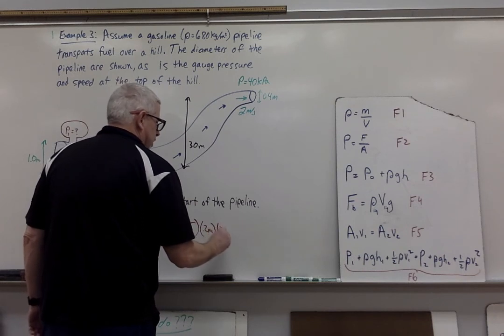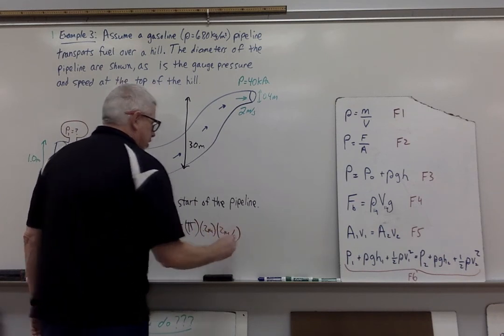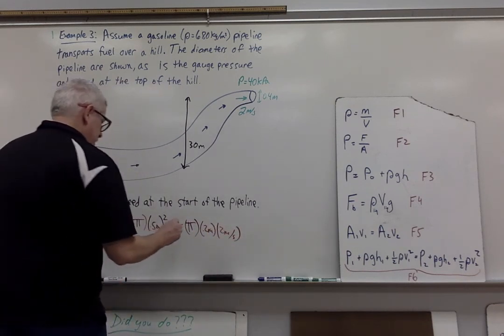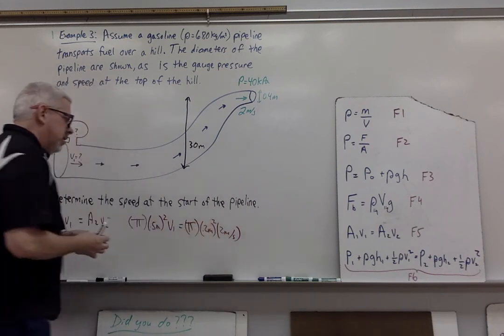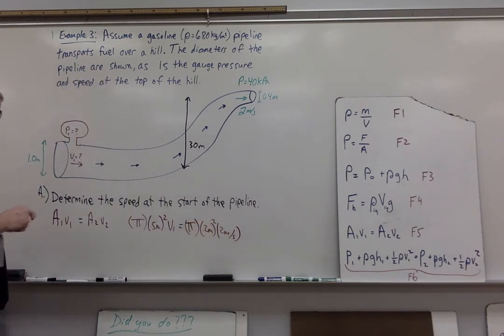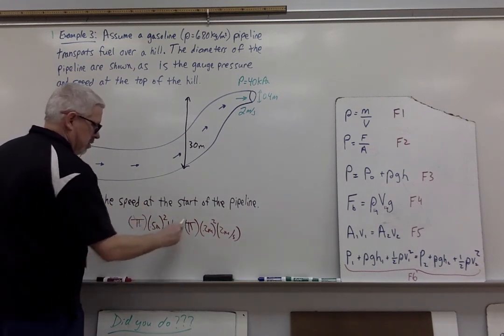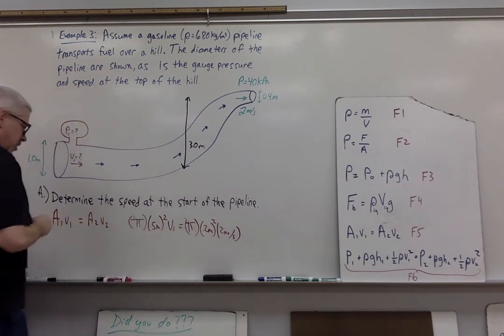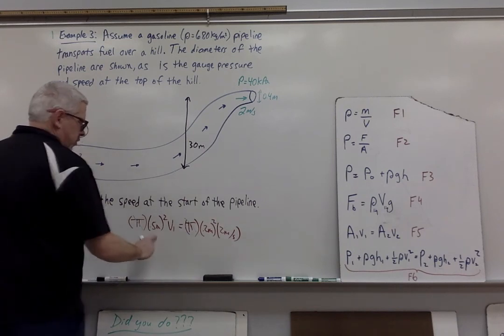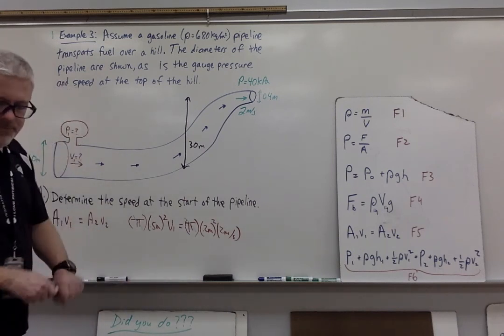It's 2 meters per second. Well, you notice, it's got to be squared. You notice that the pi's cancel out, which is a shame because pi is delicious. In this case, I end up 0.5 squared, which is 0.25 times V1.